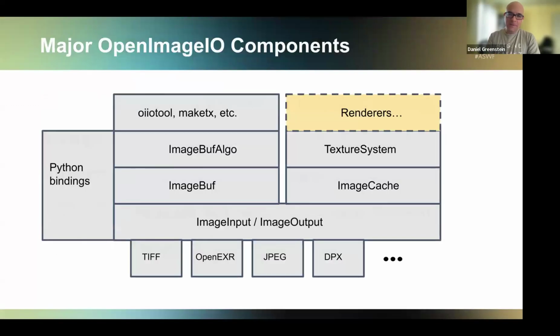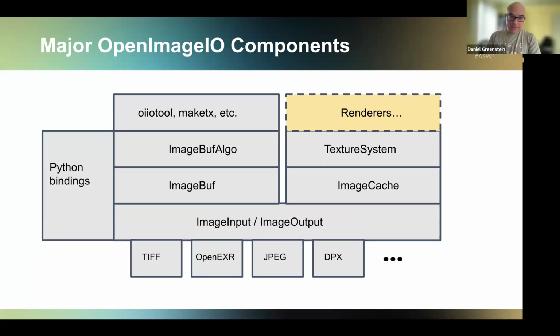This is just an overview of the different components. There are command line tools that many of us use on a daily basis, like OpenImageIO tool and MakeTX. There are API functions like ImageBuf and ImageBufAlgo for reading images and manipulating them. There are Python bindings. There are lower level components like the texture system and the image cache that are used inside renderers.